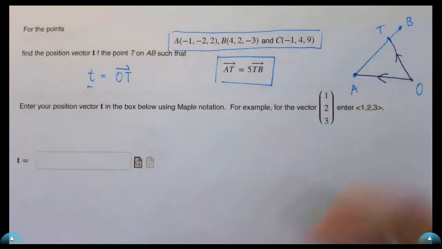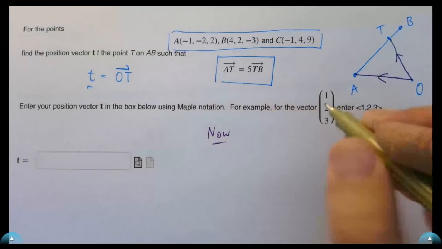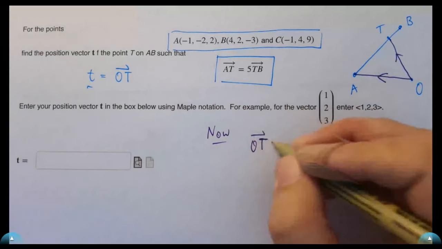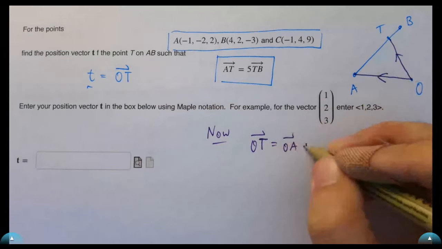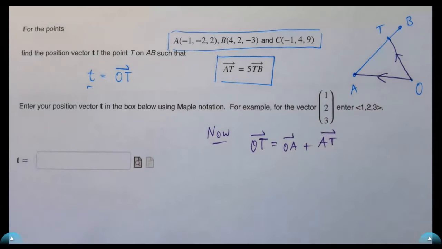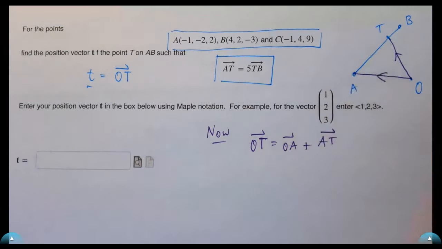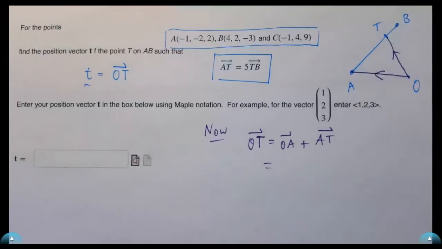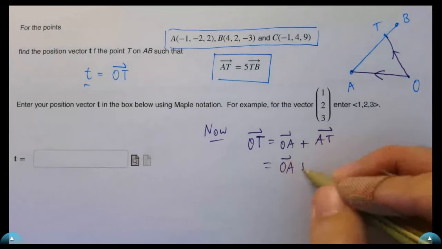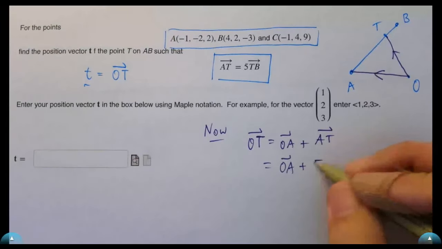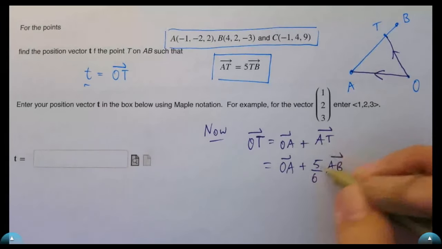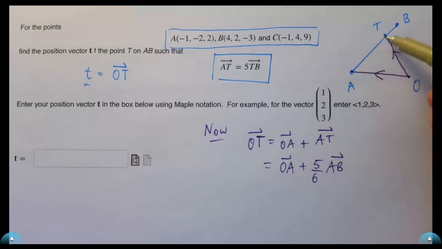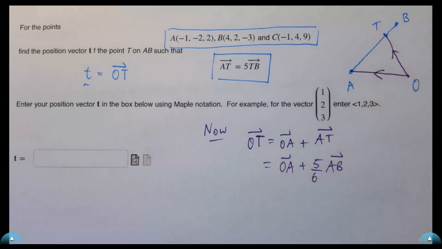Okay, so I can use purple. By the triangle law, this plus that, right? Now, I don't know what T is. That's what I want to find out. But I can write AT in terms of AB. That length there is 5 times that length there. You can kind of think of it like a ratio.